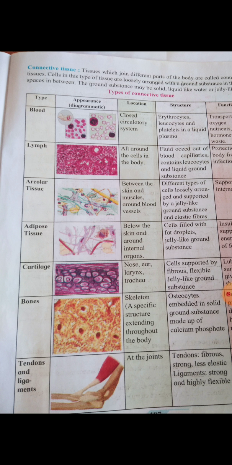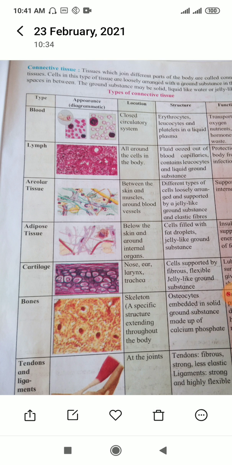Then lymph, this is the second type of tissue, found all around the cells in the body. Around whatever type of cells are present in the body, this type of connective tissue is present. It is a fluid oozed out of blood capillaries, containing leukocytes and liquid ground substance.